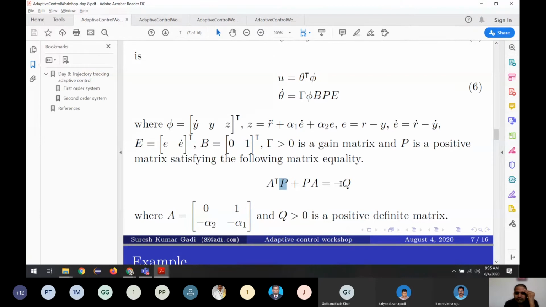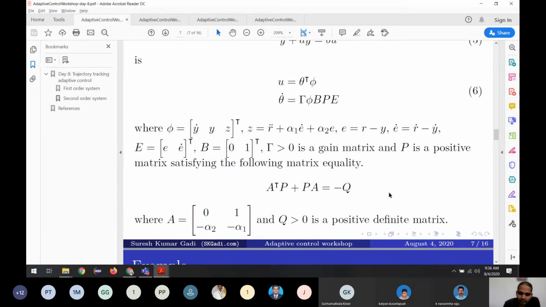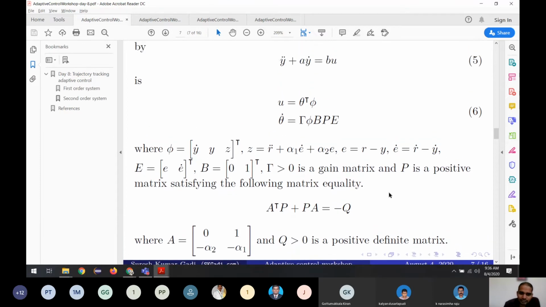So if you multiply a matrix with all negative eigenvalues with something positive, you expect something negative. But we'll see it in a little more detail. Until now, if you have any doubts in the implementation of this algorithm, please ask me.